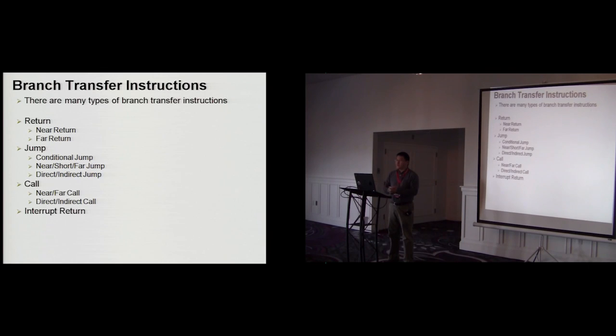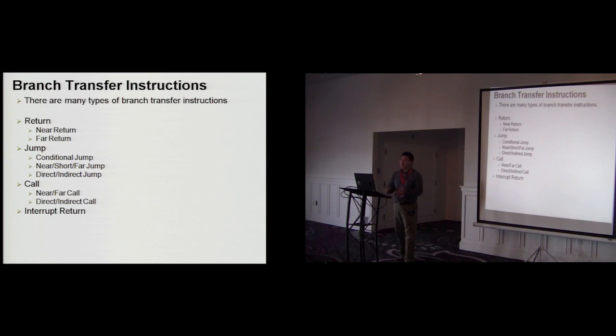For jump it is very similar: we have the conditional jump, then the near jump and far jump, and of course the direct jump and the indirect jump. Usually the vulnerability happens with the indirect jump. We also have the call: the near call and the far call, indirect call and direct call. The indirect call is usually the problem for some vulnerabilities, since sometimes the vulnerability happens due to this kind of instruction. And beyond that, we also have the interrupt return.